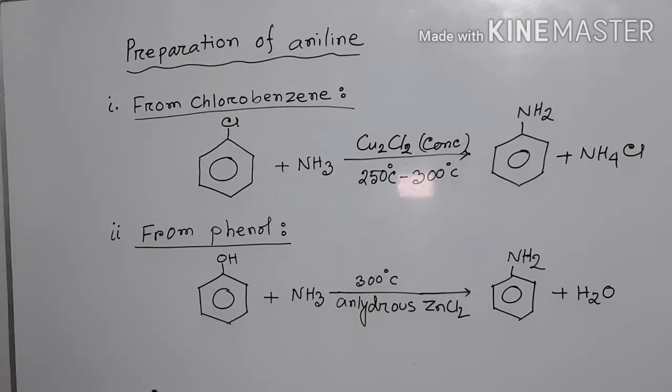Now, preparation number 2, preparation of aniline from phenol. When phenol reacts with ammonia at 300 degrees centigrade temperature in the presence of anhydrous zinc chloride, it produces aniline.